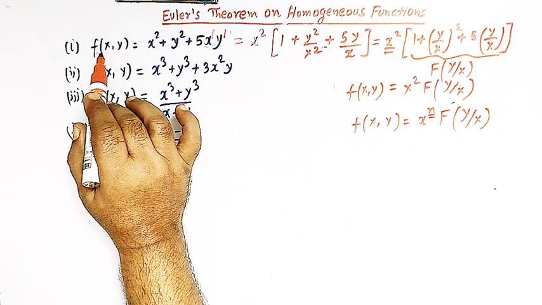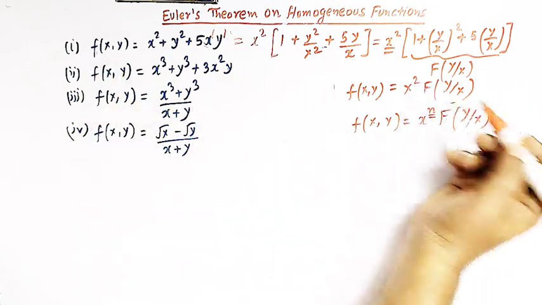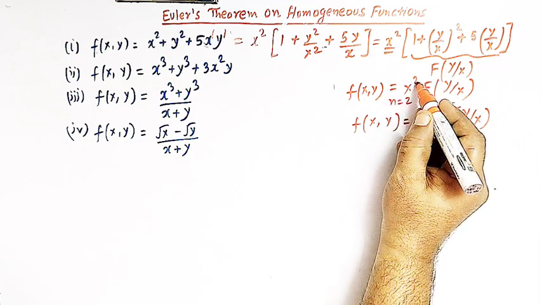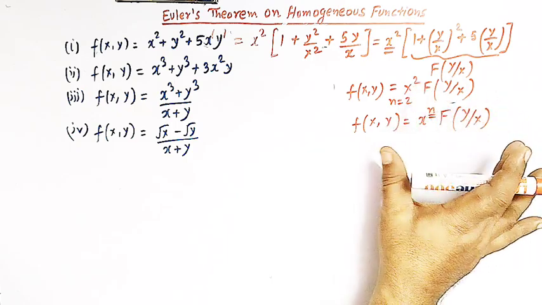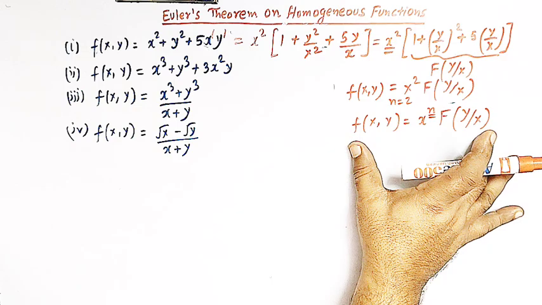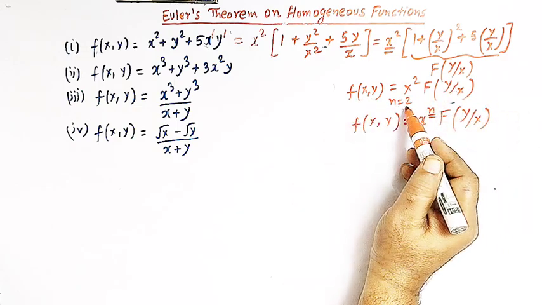So this function f of x comma y is a homogeneous function of degree 2, because here we have x square. So this is a homogeneous function of degree 2.